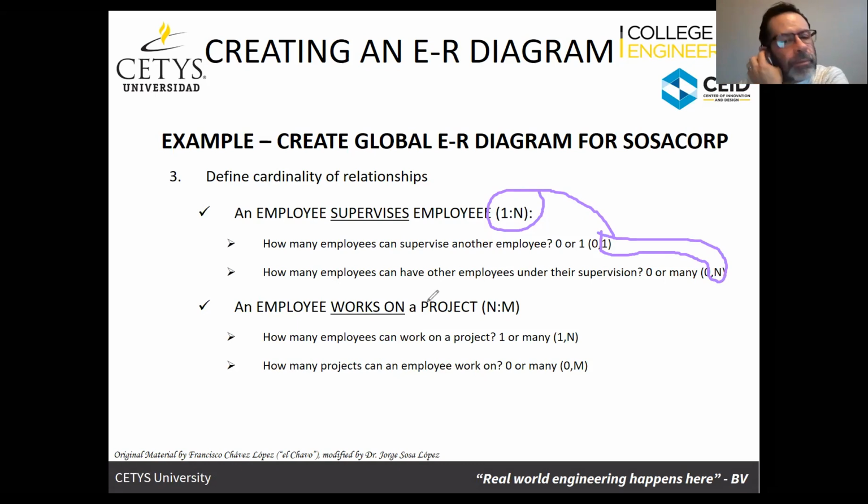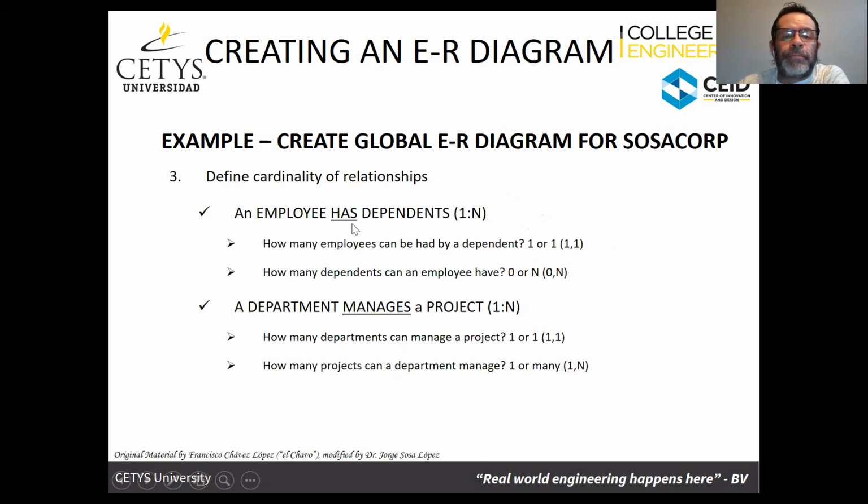An employee works on a project. How many employees can work on a project? One or many. How many projects can an employee work on? 0 or many. From the maximums, the relationship is n to m, or many to many. Lastly, an employee has dependents.